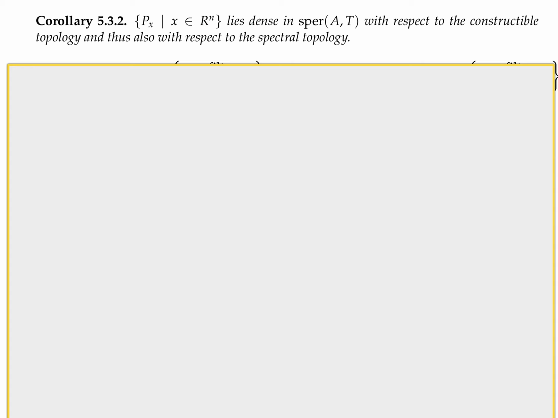So that's really a contribution to saying that the real spectrum is closely related to R^n, because in some sense R^n is a dense subset of it, with respect to the constructible topology, which is a bit of a strange topology, but also with respect to a more natural spectral topology, right?